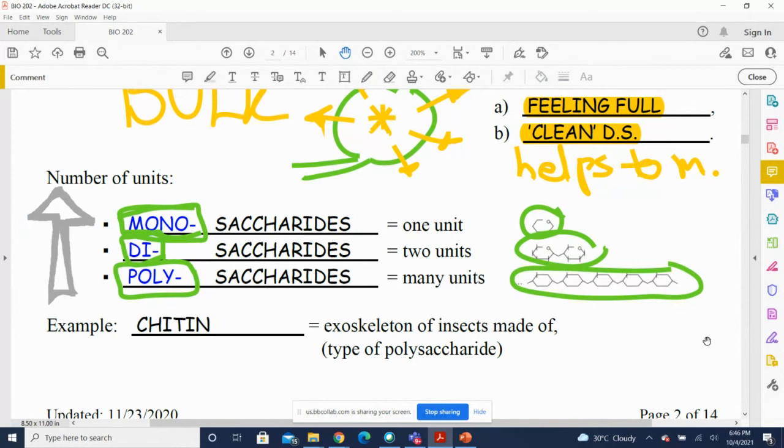And one more term that I want to highlight here is chitin. This is one type of polysaccharide, and it is what the exoskeletons of many insects are made of. Later on in this course, we will do a lab where we will talk about cockroaches and their exoskeleton, so I will assume that at that time you know that chitin is a type of polysaccharide, and that's what their exoskeletons are made of.